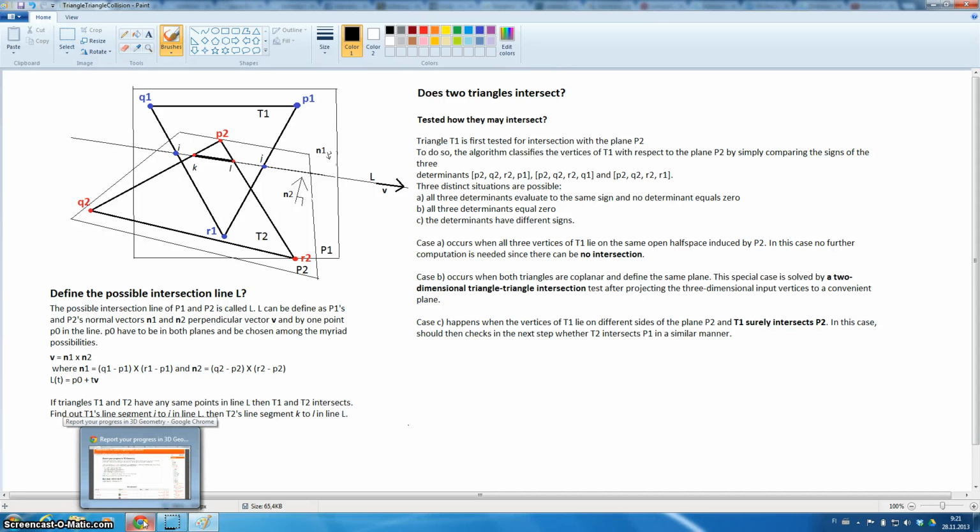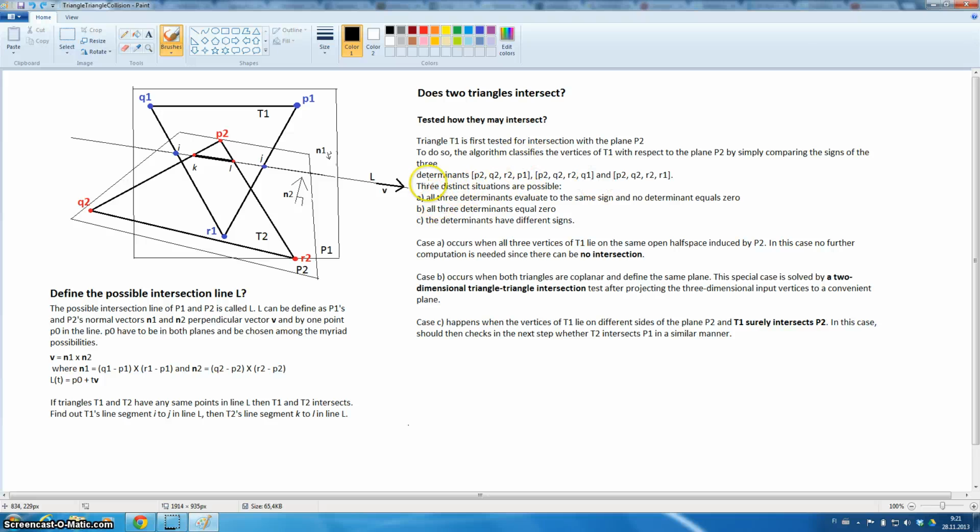Okay, hello. So we were in our triangle intersection. We found out that triangle T1 is first tested for intersection with plane 2.